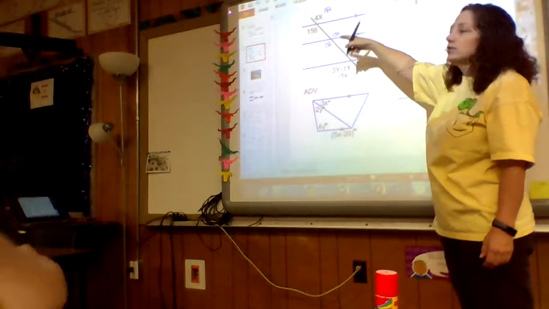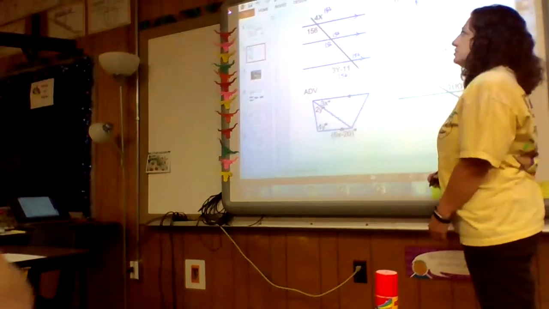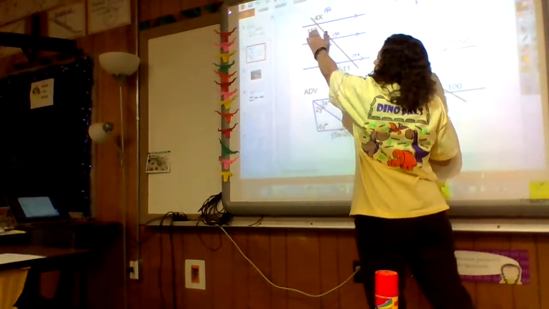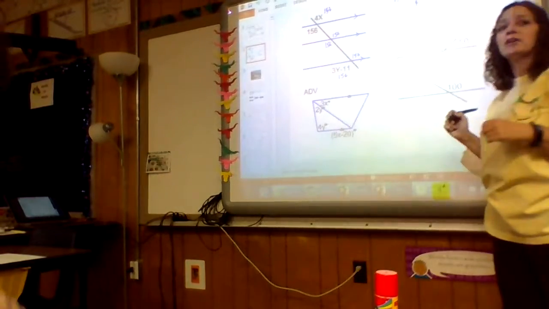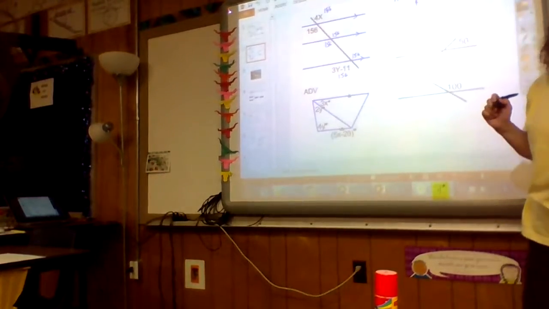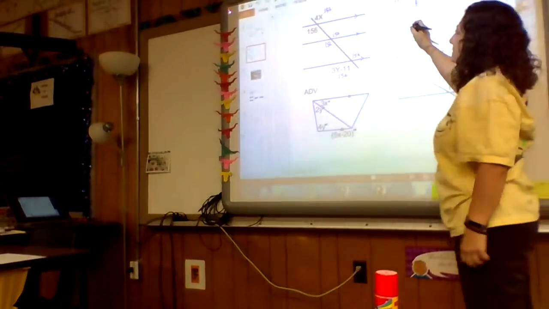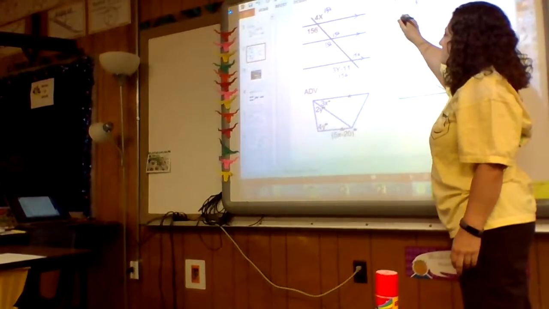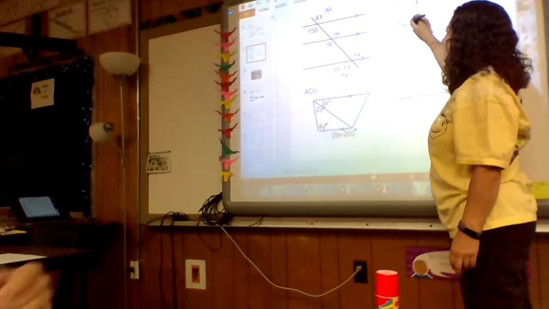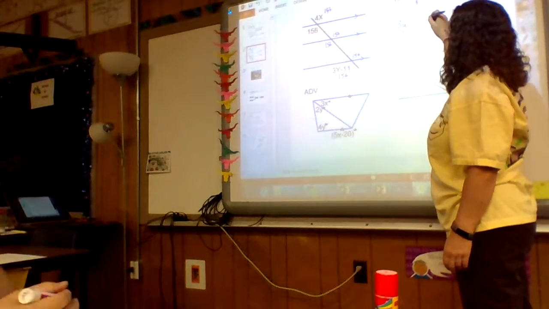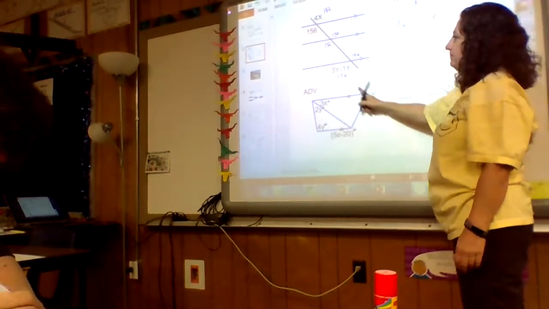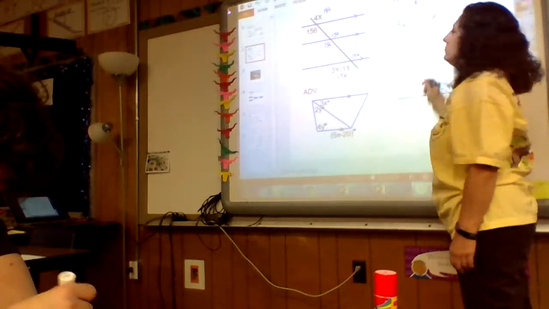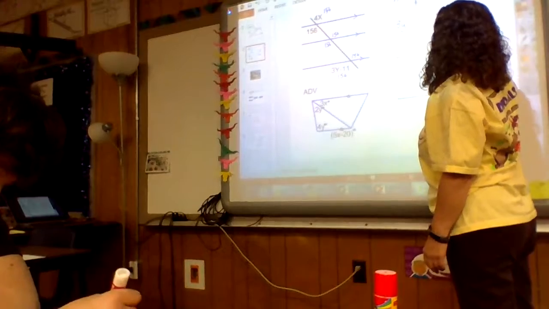All right, so we see our vertical angles, that still works, but also we see a progression of corresponding to this and corresponding to this. So make an equation for me, Tyson, for solving the y. 3y minus 11 equals 156.